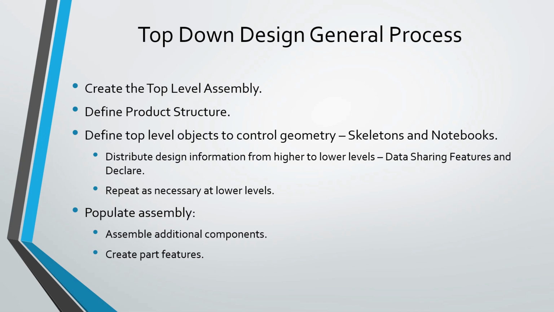And so we have data sharing features to communicate geometry and to communicate the information in notebooks down to individual parts. And again, you're creating these skeletons and notebooks at the top level, and as necessary, you will create skeletons and notebooks in your various sub-assemblies.